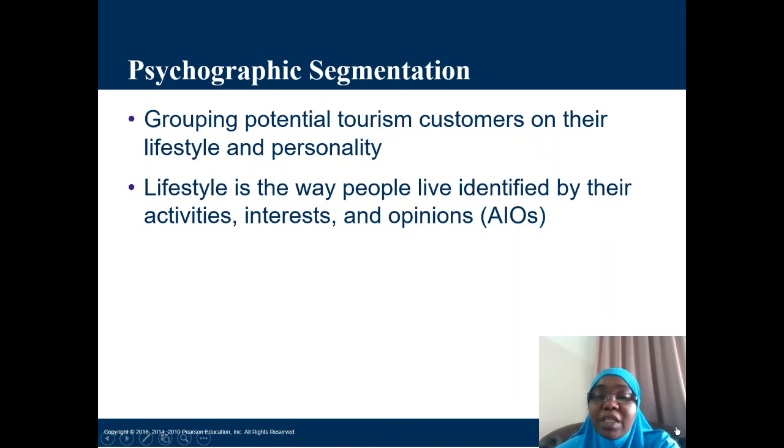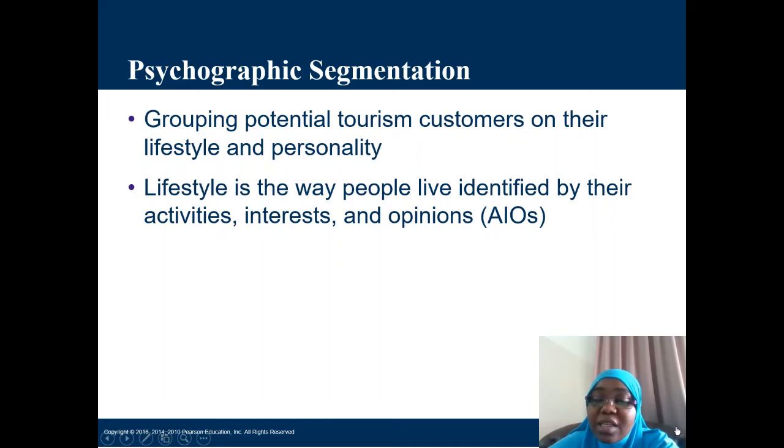Apart from the geographic and demographic, we also have the psychographic, and this has to do with grouping potential tourism customers based on their lifestyle and personality. Are they high income earners? Are they low income earners? Things like that. So the lifestyle is the way people live, identified by their activities, interests, and opinions.